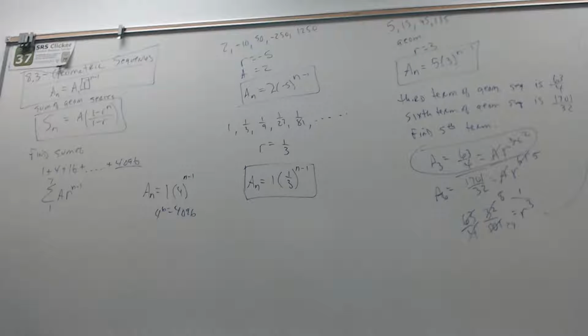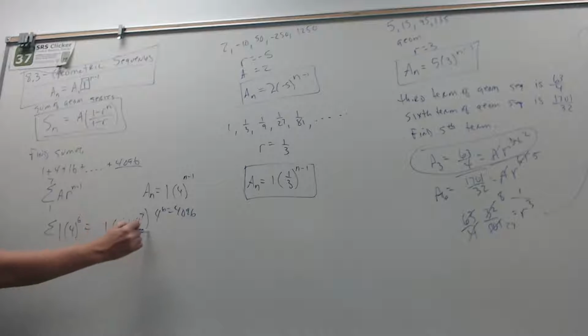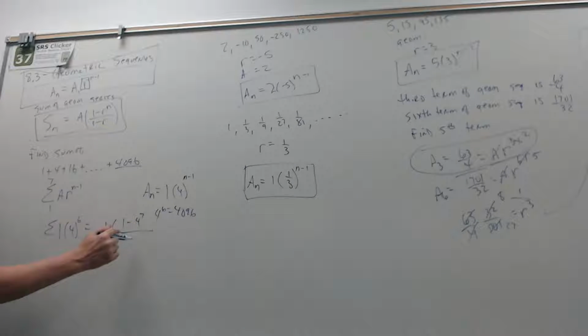Right? So if we do the sum from 1 to 7 of, in this case, your a is 1 times 4 to the 6th power, okay? The easiest way to do that, without listing all the numbers, is I can use this formula here. So that's going to be 1 times 1 minus 4 to the 7th power divided by 1 minus 4.